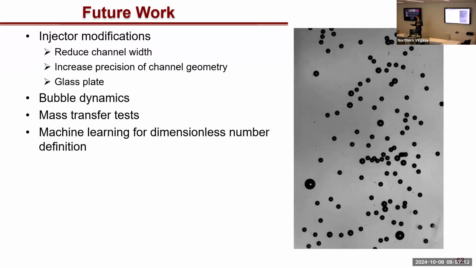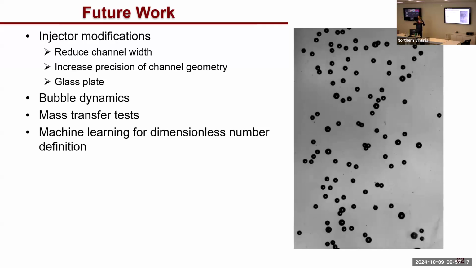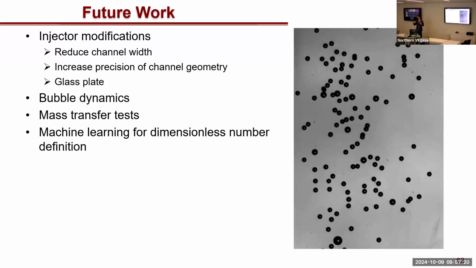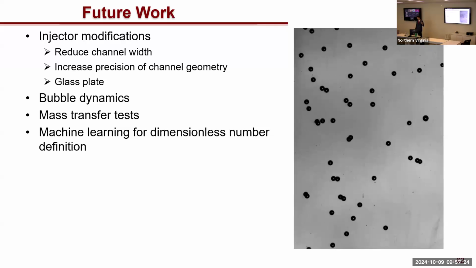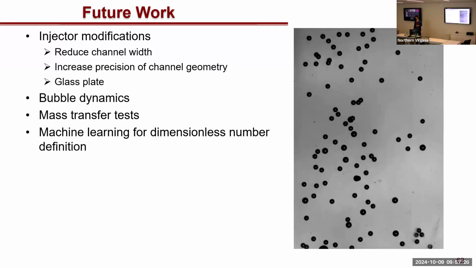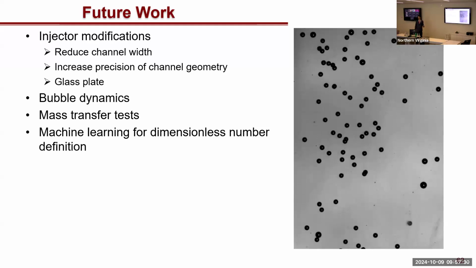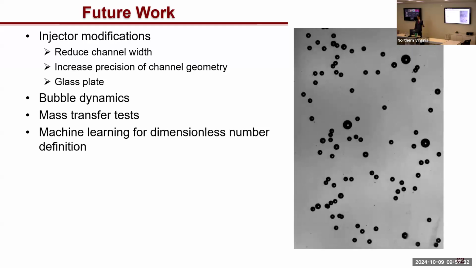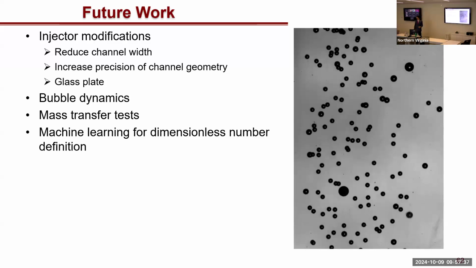So seeing how quickly different gases that are dissolved in a liquid can diffuse into the bubbles. This can define Schmidt and Sherwood numbers. Machine learning can also be used for these dimensionless number definitions.